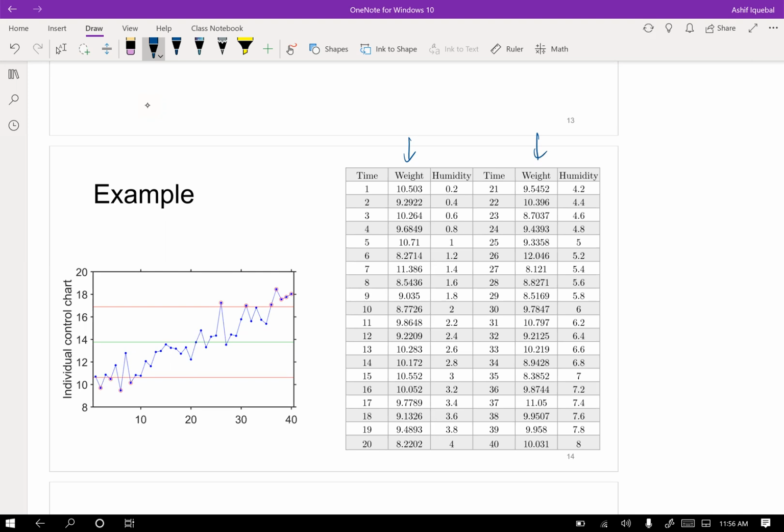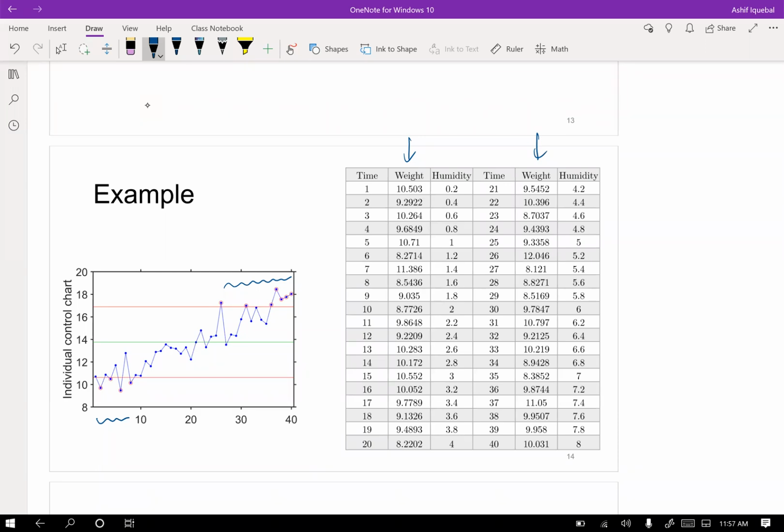So if I use weight, time 1 to 40, and I construct an individual control chart, you will notice that a lot of these points are outside control limits. Now I want to find out why these points are going out of control limit. Is it because something is wrong with the system, the whole process that is manufacturing these cardboards?